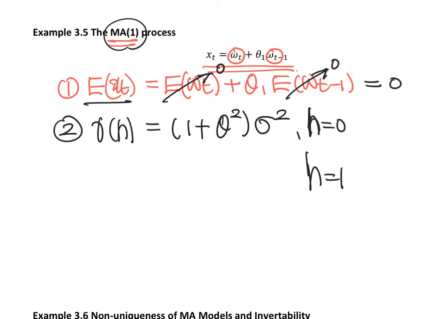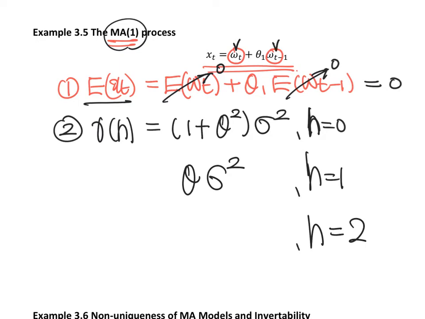H equal 1 means with the neighbors, with t and t plus 1, or t and t minus 1. So the covariance when h equals 1 with the neighbor was theta sigma square. It is the MA1, so it's only the linear summation of the white noise at time t and another white noise at t minus 1.